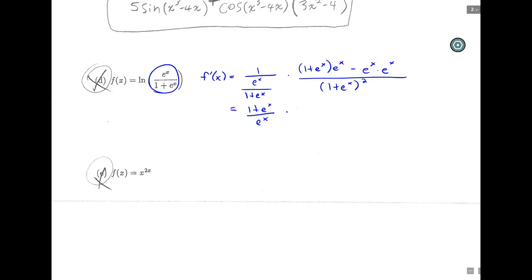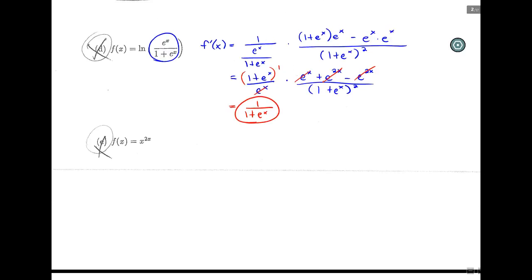And over here we have e to the x plus e to the x, so that's going to be e to the 2x minus e to the 2x all over 1 plus e to the x squared. Well, these are going to cancel, and also this is going to cancel. And consider that's all to the first power, so I end up with just 1 over 1 plus e to the x.